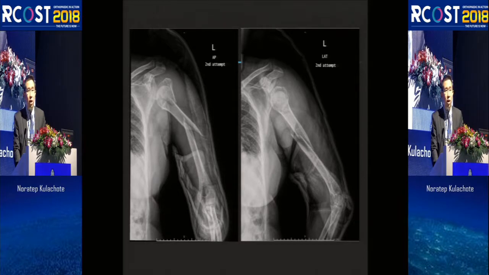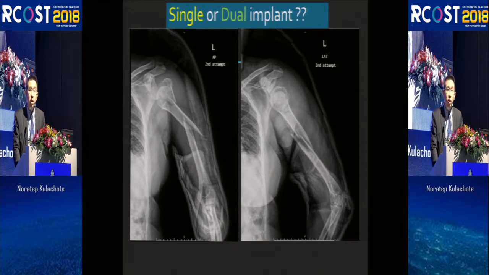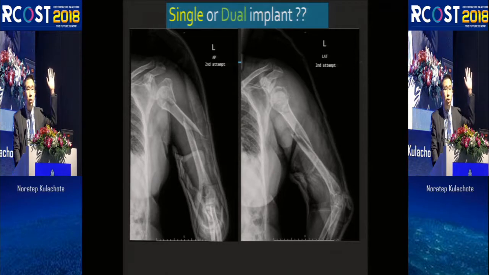May I have an opinion from our audience? I have two questions for you. First, if you need to fix this case, will you use a single or dual implant? Who will use a single implant to fix these fractures? Please raise your hand. Who will choose dual implants, fixing it separately?